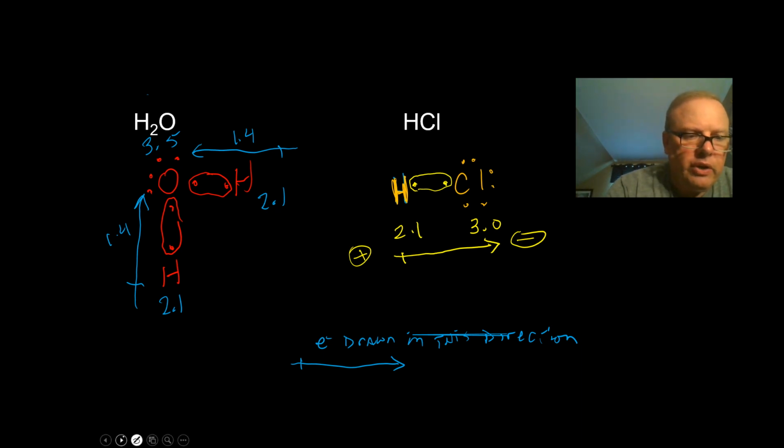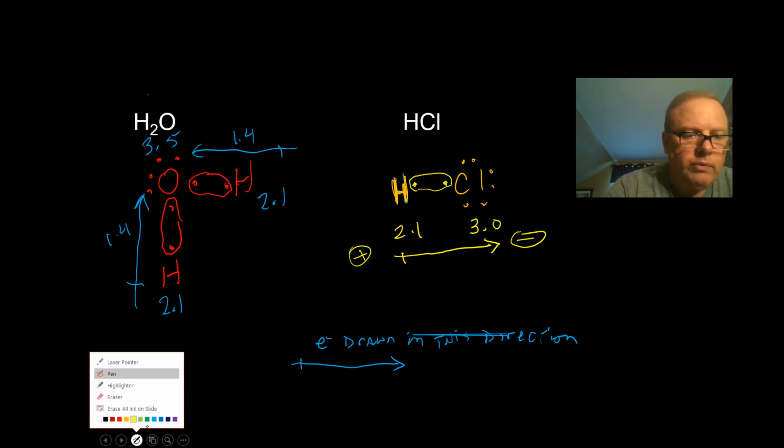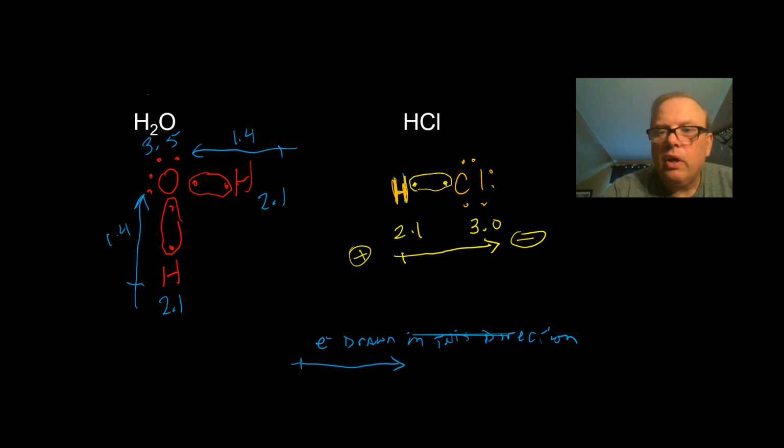Let's take a second here though and see something that is nonpolar. Let's go to this faint green color. We're going to do CH4, the methane, which is the gas that comes out of the jets in the lab.